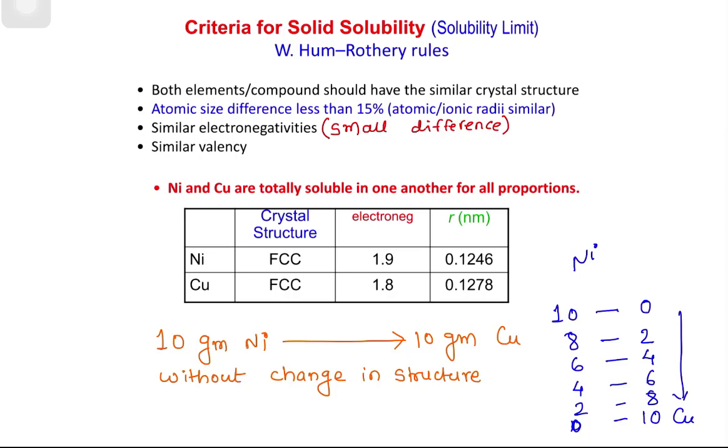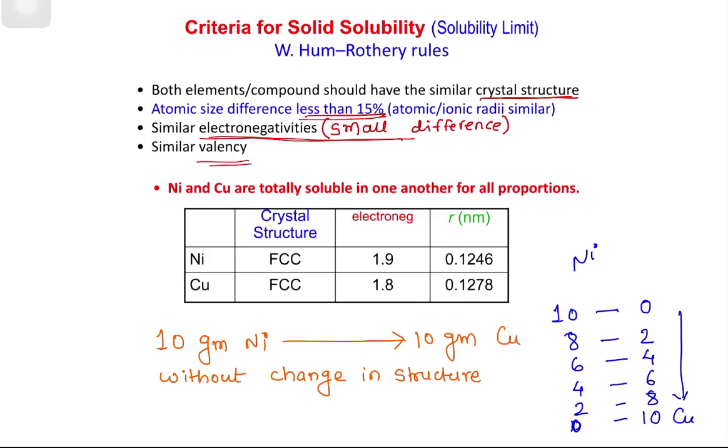For that there is atomic level mixing. We have already seen the Hume-Rothery rules for solid solutions: it should have the same crystal structure, the diameter difference should be less than 15%, the electronegativity difference should be very small, and fourth, it should have similar valency. In such a case, we will have a solid solution.